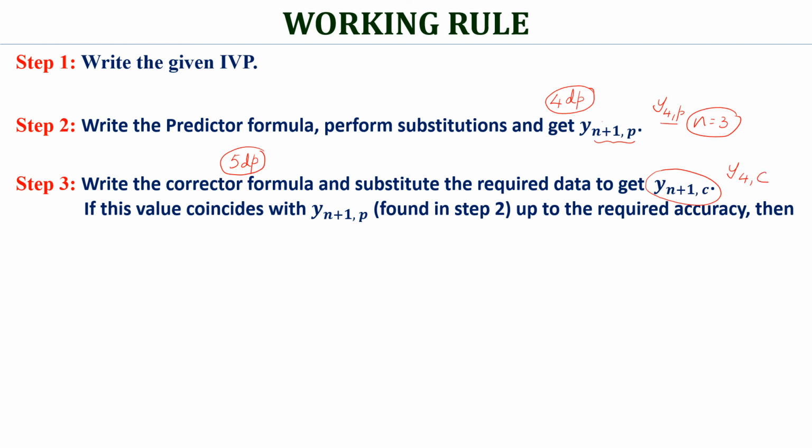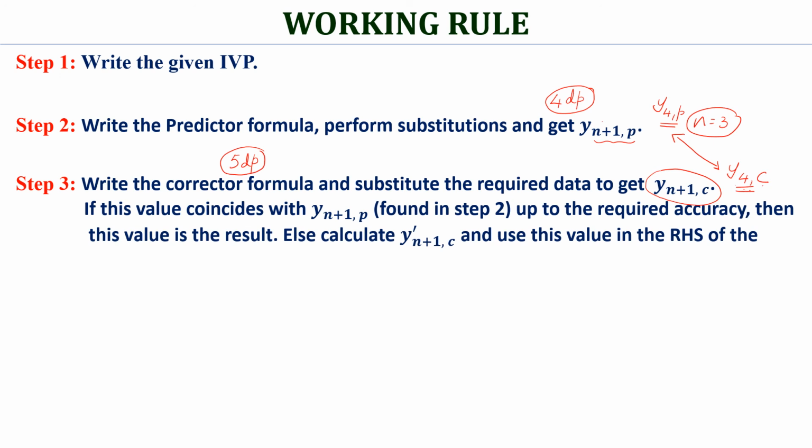I am substituting the y4p value in the right hand side of the corrector formula, and I am getting y4c. Once I get the corrected value, let us check whether these two values agree correctly up to the required number of decimal places. Now my question may be, give me the answer correct to 4 decimal places. So y4p and y4c should exactly match up to 4 decimal places. If they do, then the value that I get in y4c will be declared as the result.